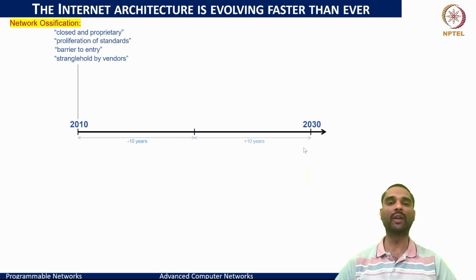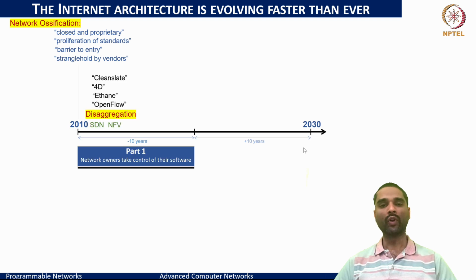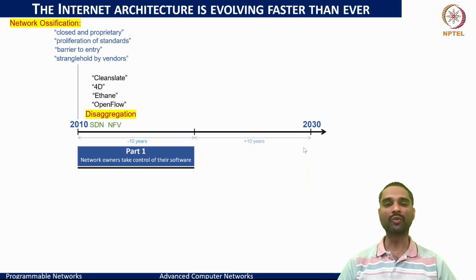And these were the key barriers to entry. Going forward, what we saw was a clean slate architecture, the 4D approach, and OpenFlow as the key areas, resulting in SDN and NFV kind of mechanisms to disaggregate and deossify the networking infrastructure, where the network owners were now able to take control of their software.